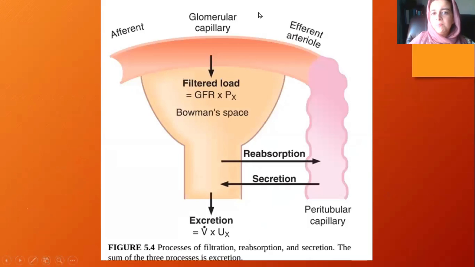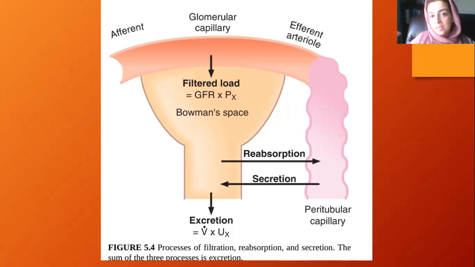You can see this simplified diagram, and it shows us that this is the afferent arteriole, and this is the efferent arteriole. And in between, your plasma undergoes filtration, and glomerular filtrate is formed. And this is present in the Bowman space, and Bowman space is connected to the lumen of the proximal convoluted tubule.